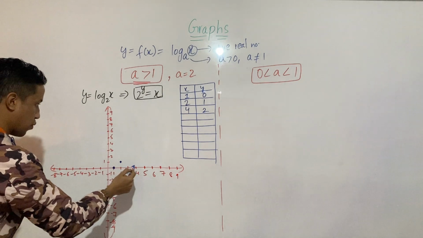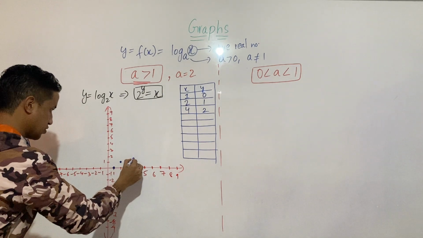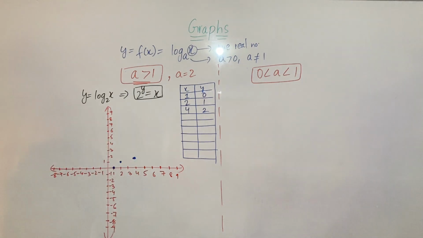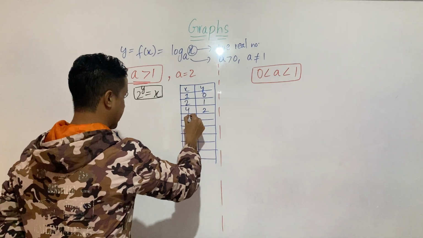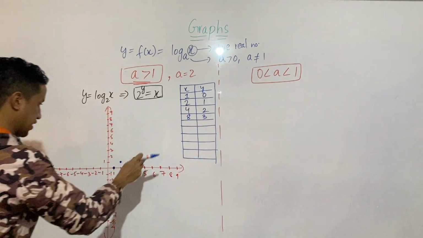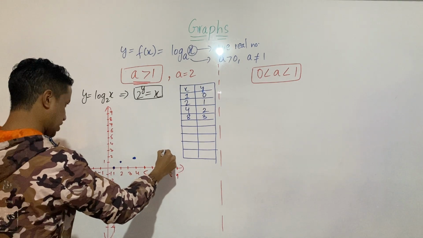So x 4, y is going to be 2, this one. Then if my x is going to be 8, then y is going to be 3. x 8, y is going to be 3, this one.